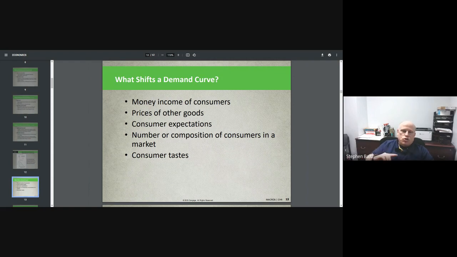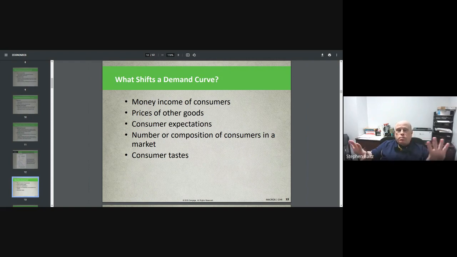Now, if the goods are complementary, let's say, for example, peanut butter and jelly, if the price of peanut butter increases, then we would expect the demand for jelly to shift to the left. In other words, decrease, because people are going to buy less of peanut butter and jelly because they're normally consumed together.